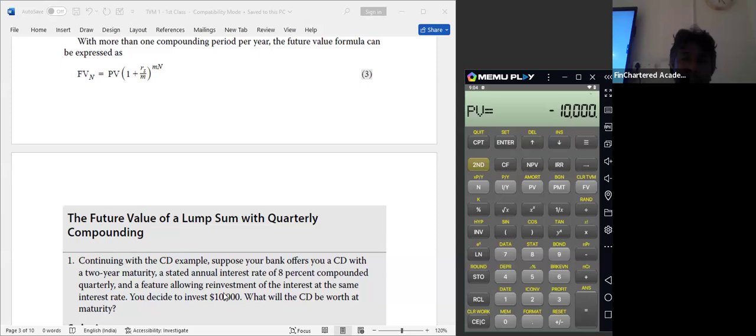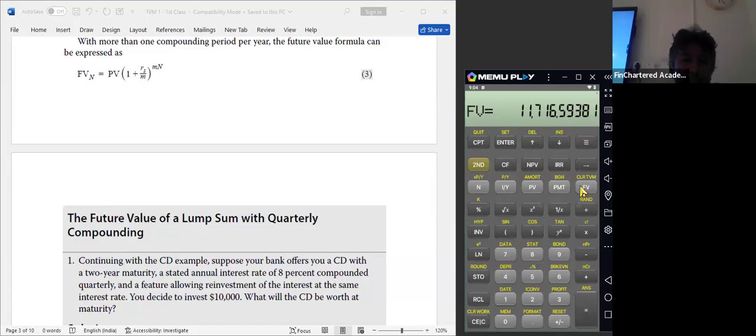This is also a single shot investment. So take your PMT as 0. That's all. Now you compute your FV. Are you getting 11,716, guys? You should be getting 11,716.